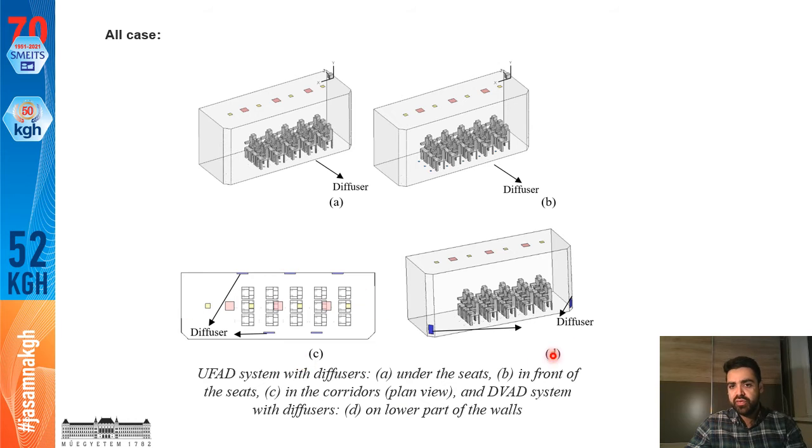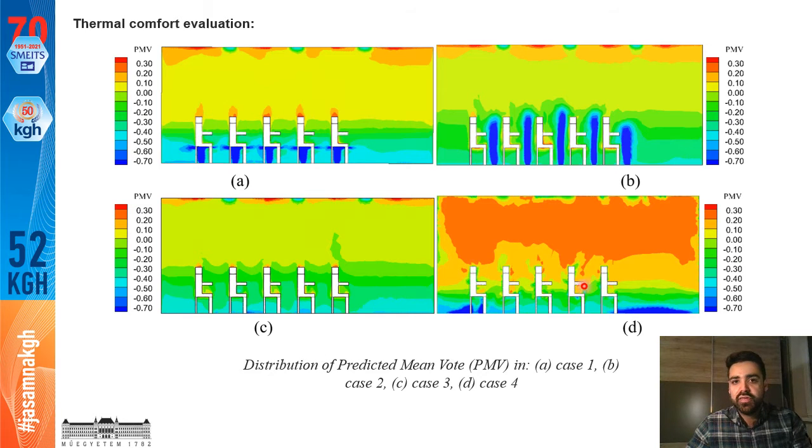You could see in a plan view, and then in the D model they are located on the lower parts of the walls. So where we have 2 here, obviously since the model is symmetrical, there are 2 on the other side as well.